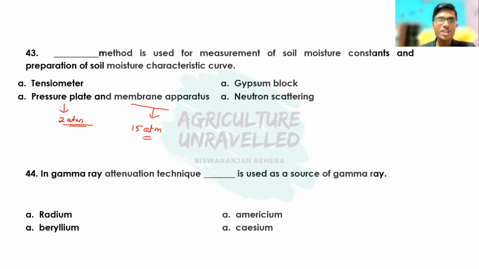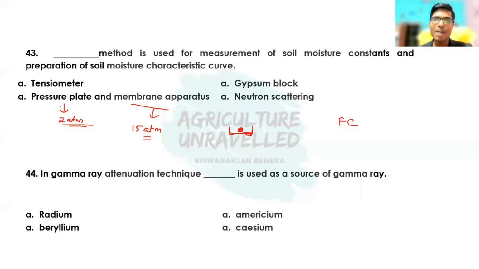Okay, so in the pressure plate or pressure membrane apparatus, the soil sample is kept, after which a definite pressure is applied. For example, we have to estimate the field capacity. So first we'll saturate the soil, then we'll keep the soil sample inside the pressure plate or pressure membrane apparatus.